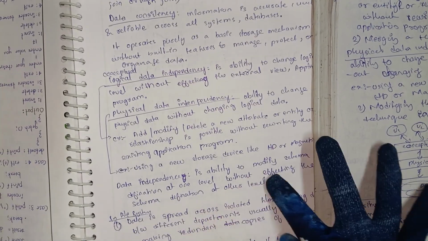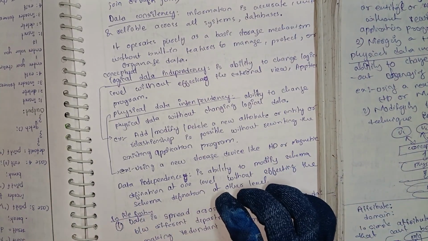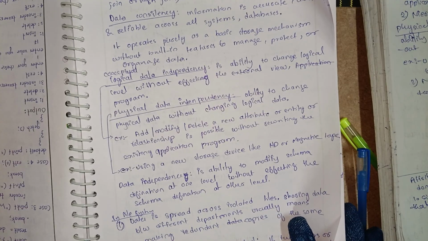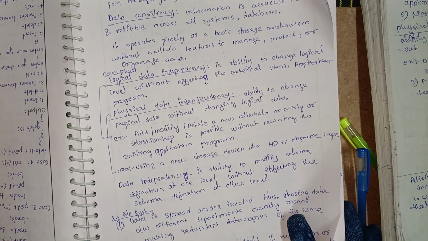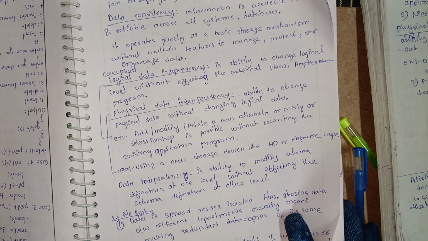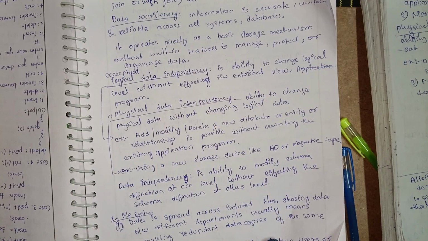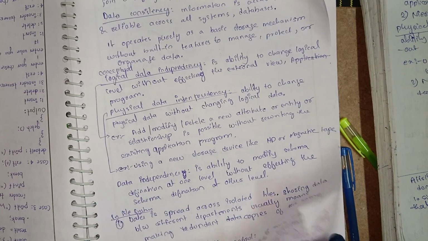Here, why does the file system not have data independence? Because data independence means modifying the schema definition at one level without affecting the schema definition at another level.